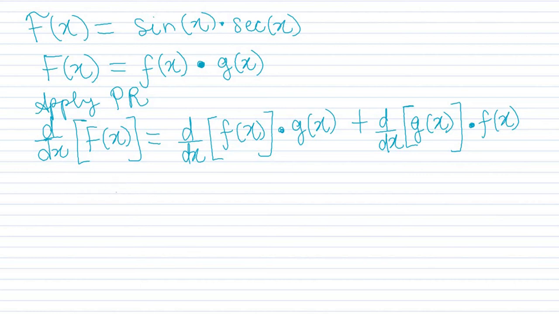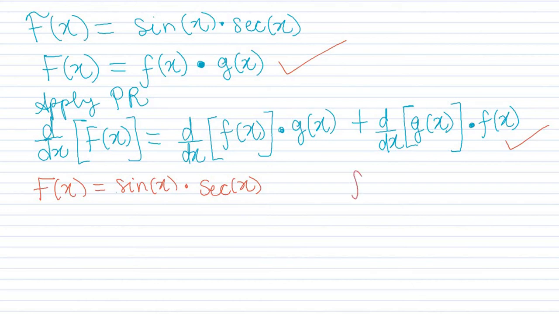So now that we have what the general function looks like, which is this one right here in red check mark, and the product rule being applied is this one, we can be comfortable applying that information to our question. We have capital F of x equals sin x multiplied by secant x. What that tells us is that we first have to identify what f of x is and what g of x is.